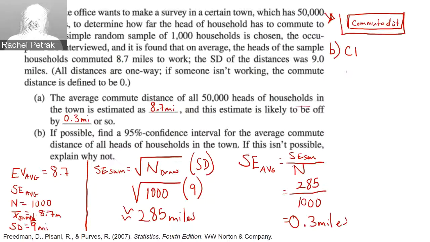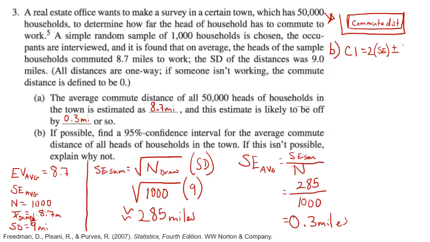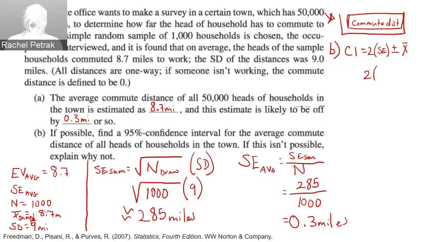We'll get our confidence interval, which is, remember, 95%. So this one will be 2 times our standard error plus or minus the average. So in this case, it's 2 times our standard error of 0.3 plus or minus our estimated 8.7 miles.